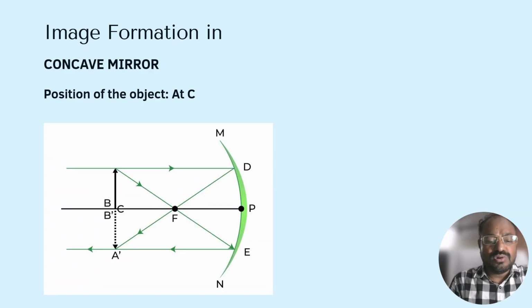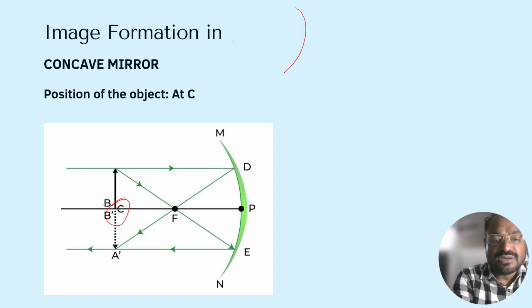Now we are going to see the image formation when the object is positioned at the center of curvature C. Before this, I would like to reiterate that you draw the concave mirror, mark the pole P, then mark the principal focus F, then mark the center of curvature.